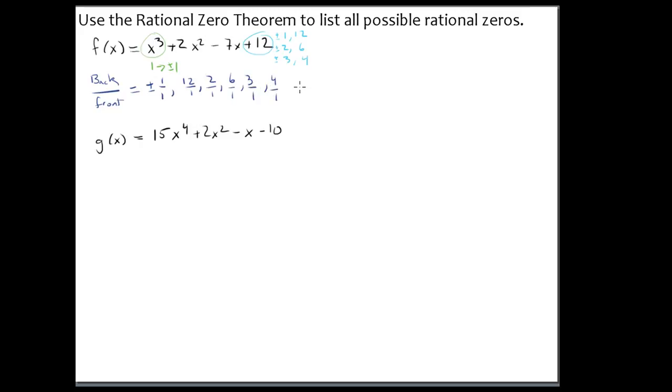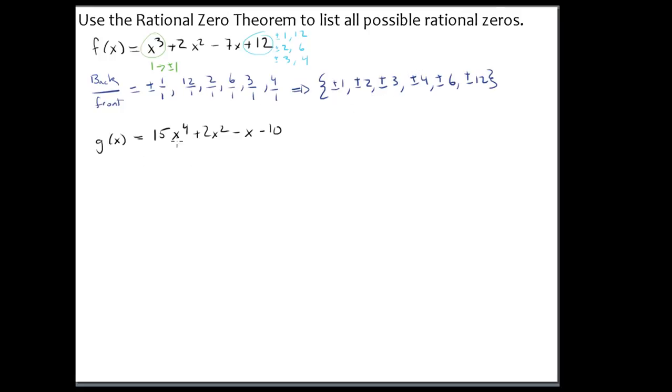So what are all the possible rational zeros? Plus or minus 1, plus or minus 2, plus or minus 3, plus or minus 4, plus or minus 6, plus or minus 12. In this case, it turns out to be just all the possible factors of 12.